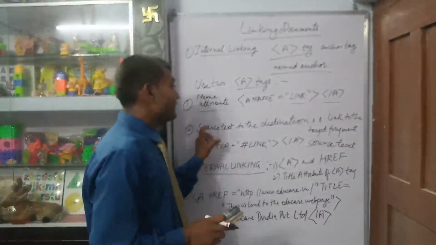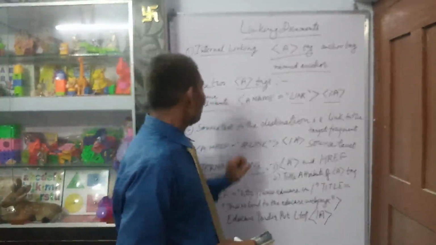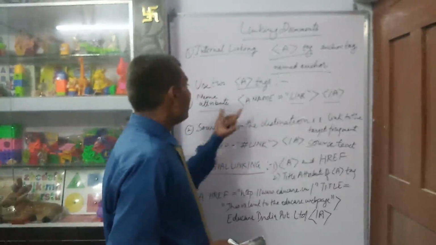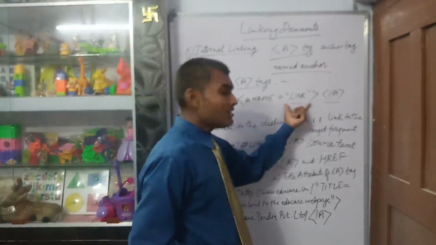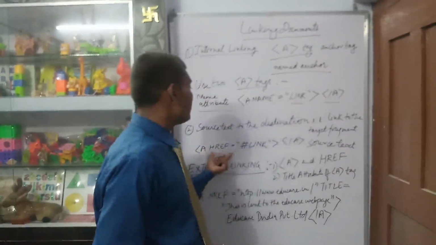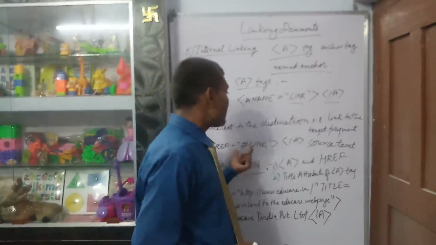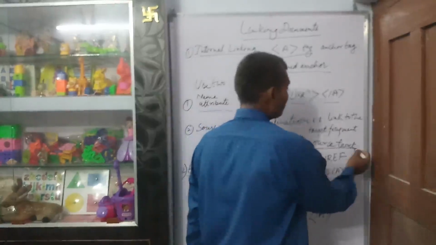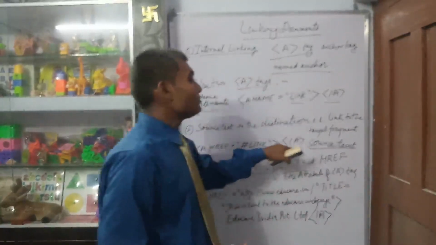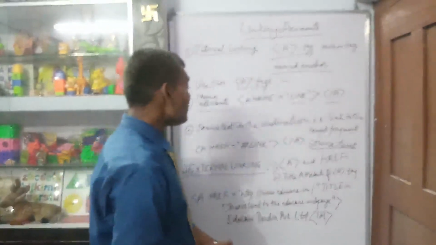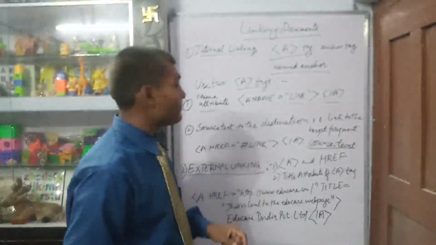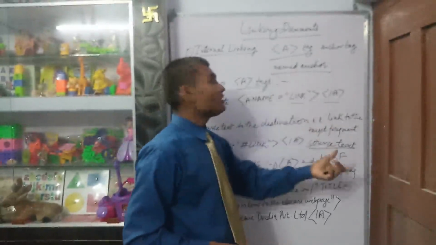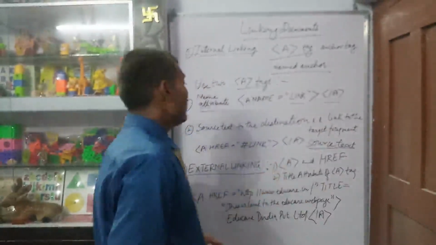So in internal linking we use two types of attributes, name attribute and href attribute. In the name attribute we do not use hash, and in the href attribute we use hash link. So the hash link gives the link from the source text to the destination, that is the target fragment, and this link specifies the description of the source text.